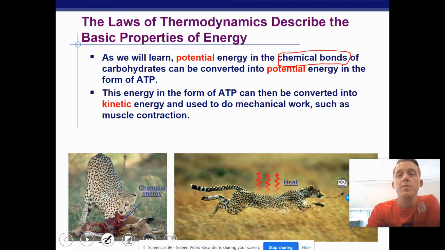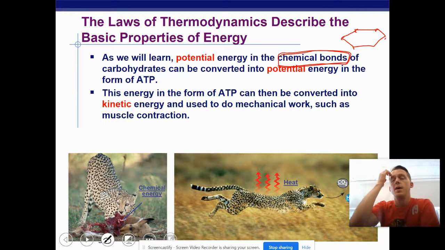That term right there is going to be important. Chemical bonds house energy. So if you remember, glucose was a hexagon-shaped molecule that had all these carbons where we had all these different angles in the glucose molecule, and the bonds between the carbons, so those lines, that is where energy is stored, and that is potential energy.